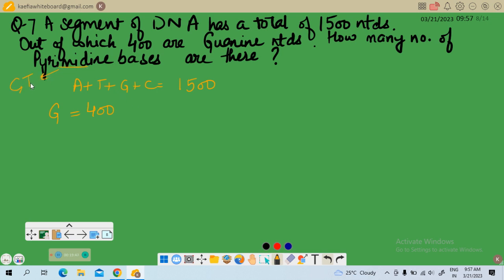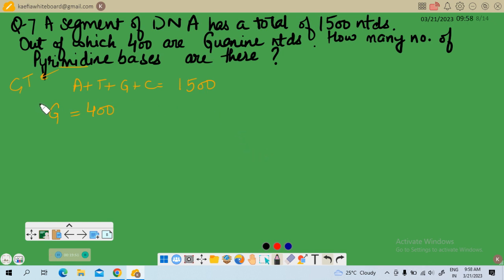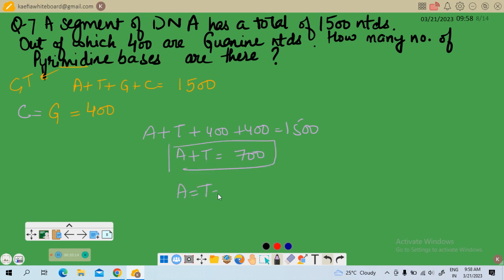Guanine is 400, that means C will also be 400. So A plus T plus 400 plus 400, that is 800. So A plus T will be 1500 minus 800, which comes out to be 700. Because A is equal to T, we divide by 2, so that is 350.